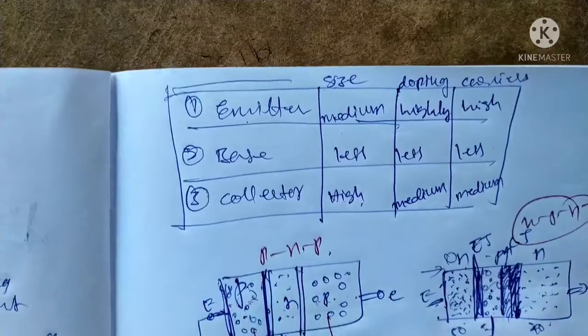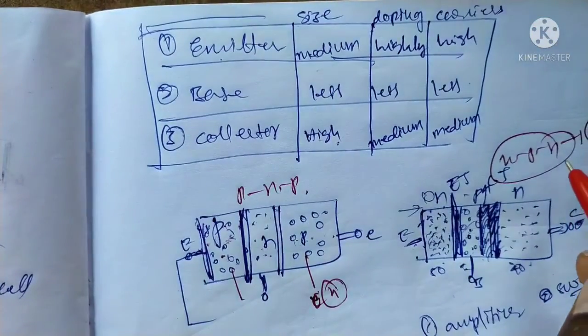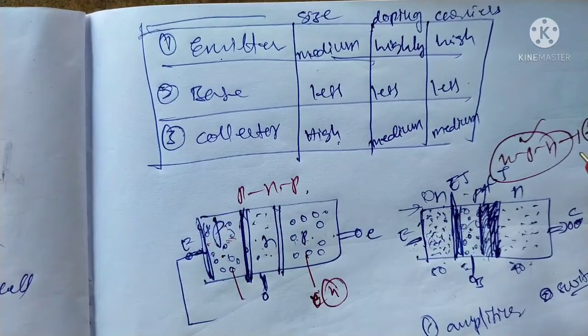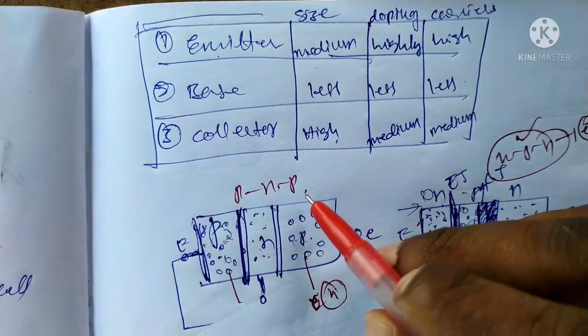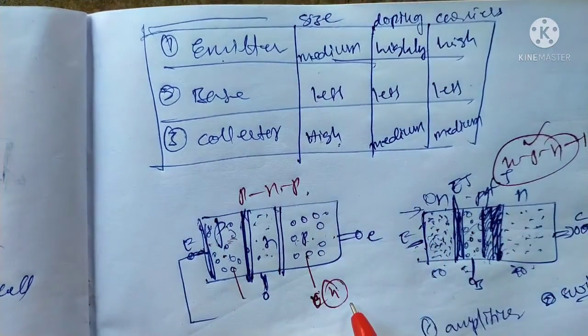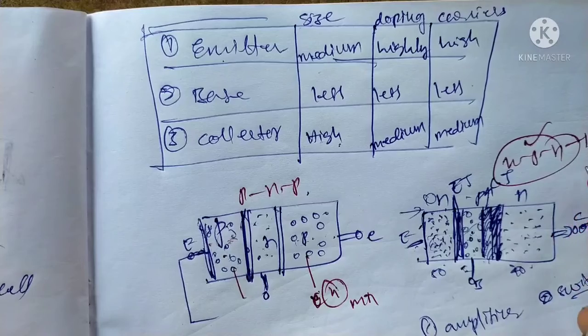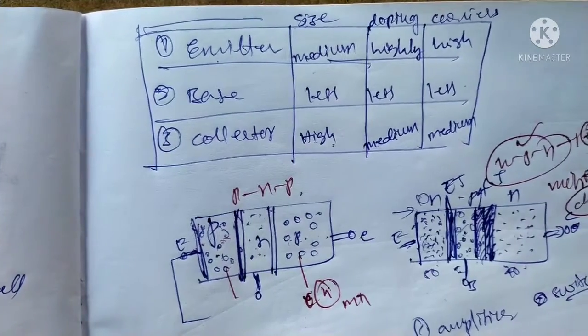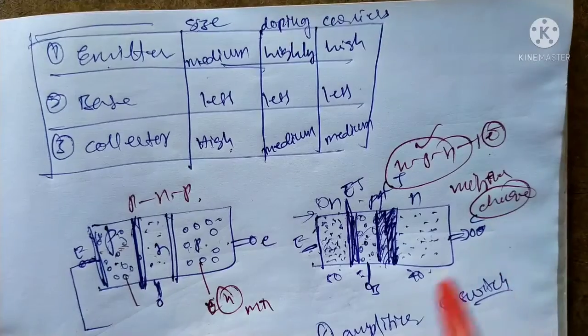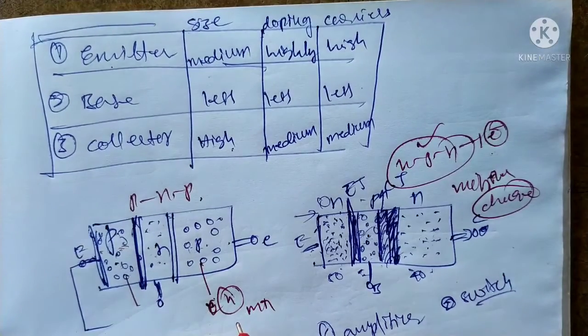Why? Because it is more useful and more efficient than the PNP transistor. Here a hole has high mass, while an electron has low mass. The lighter particle can be used as a mobile charge carrier to produce current in the circuit.